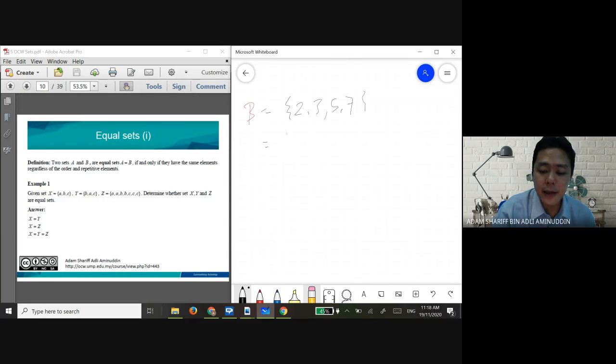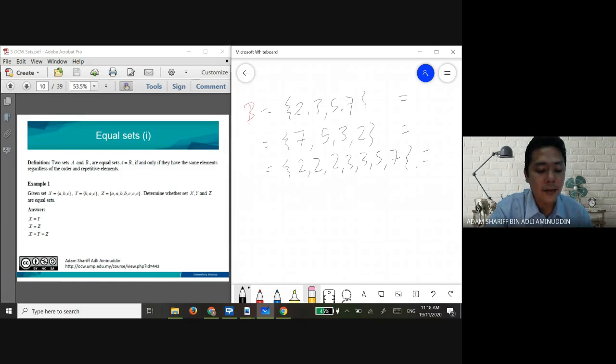If you jumble it up, or you repeat it, 2, 2, 2, 3, 3, 5, 7, all of these are equal to each other, as long as they have the same elements regardless of the order and repetition.